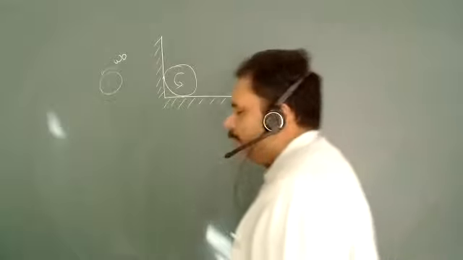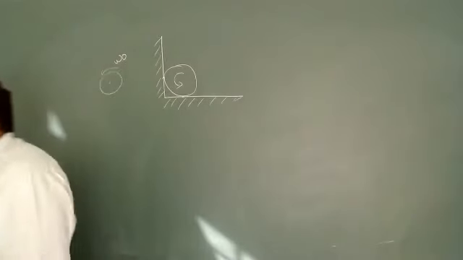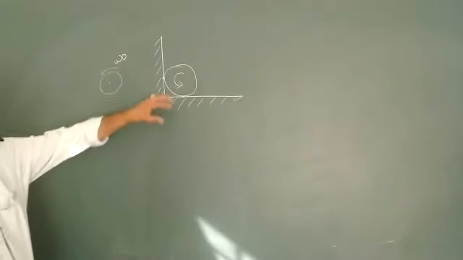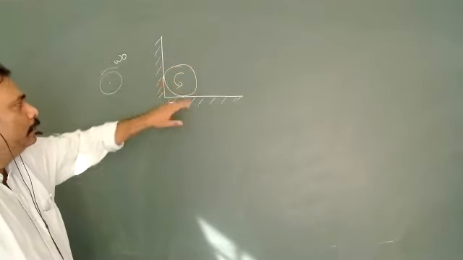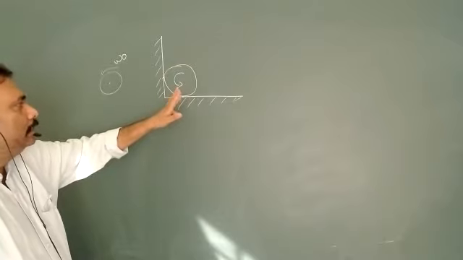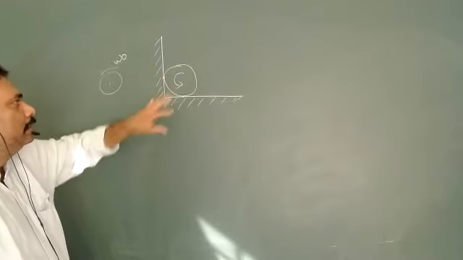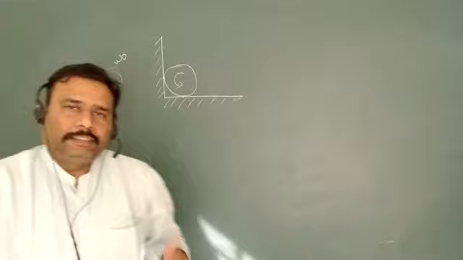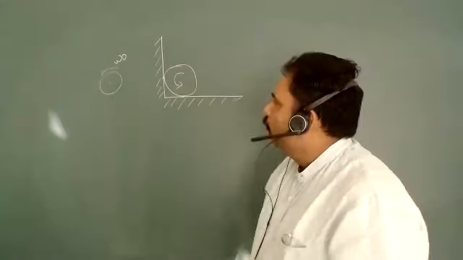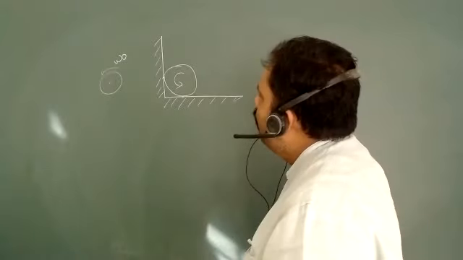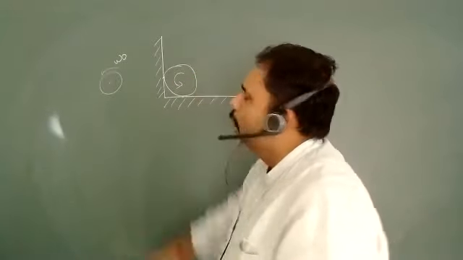The question is, what will happen? It will start rotating, but due to friction, there is friction here and friction here, its angular velocity will finally decrease. So what we have to do is calculate how many turns it will take before stopping.